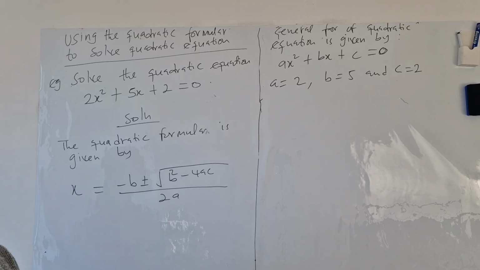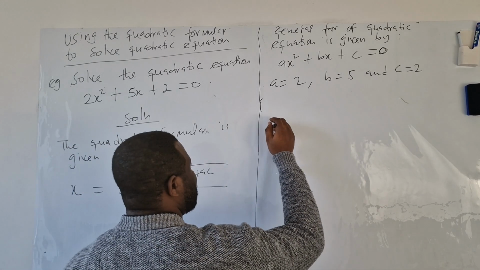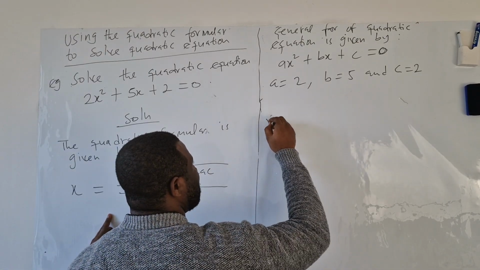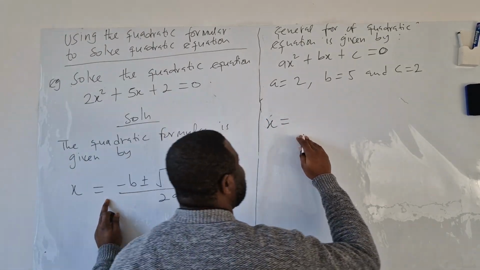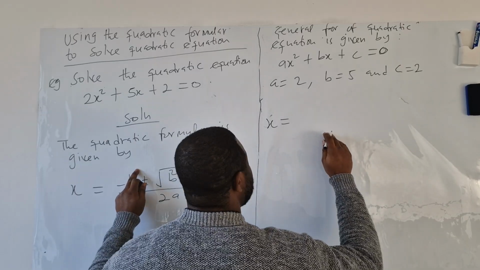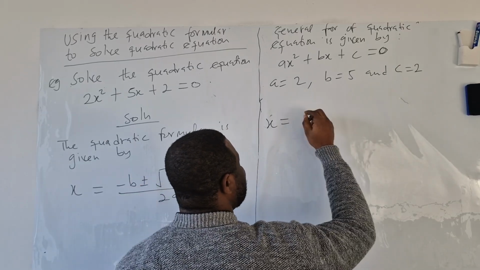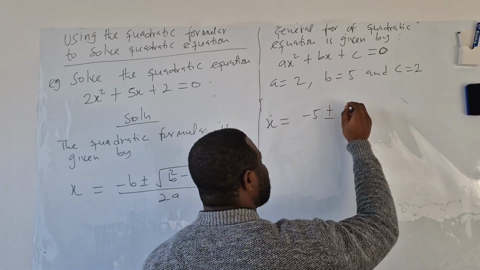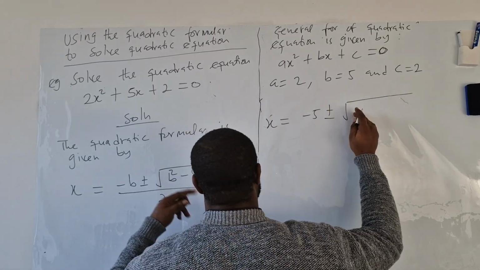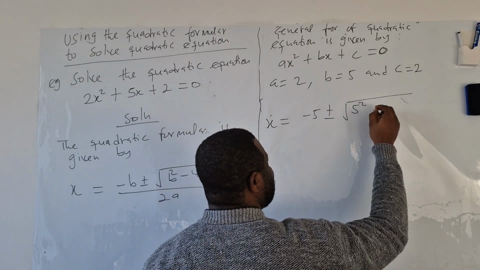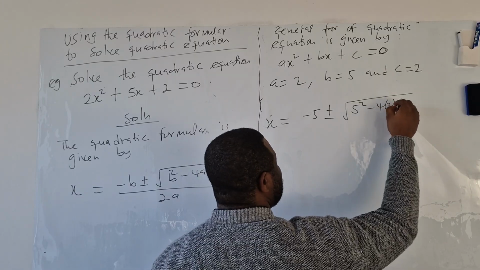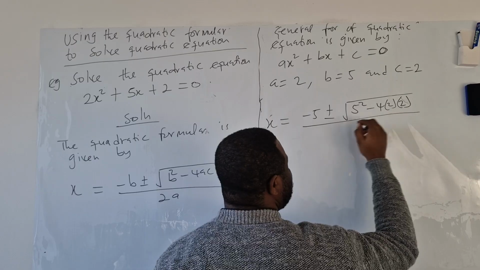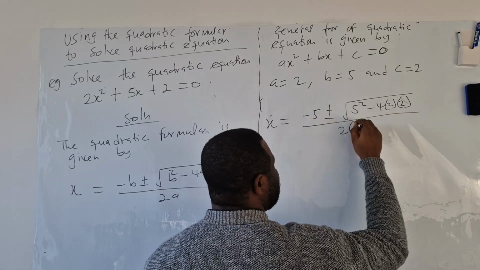So let's do the substitution. x will be equal to minus b, b is 5, so minus 5 plus or minus square root of b squared, 5 squared, minus 4a, a is 2, c is also 2, all divided by 2a, a is 2.